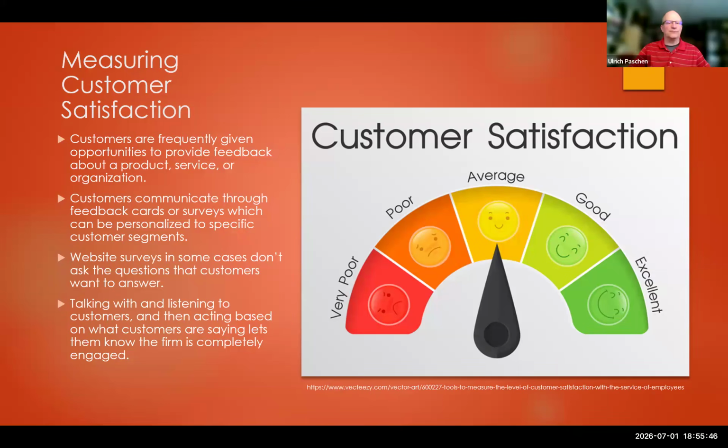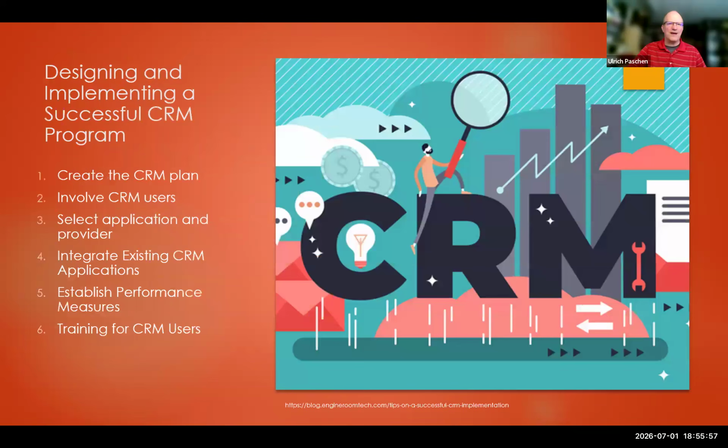But it is really, really important for us to figure out whether we're doing a good job in the eyes of our customers. So then, if we look at our customer relationship management program as a whole, how do we do this well?